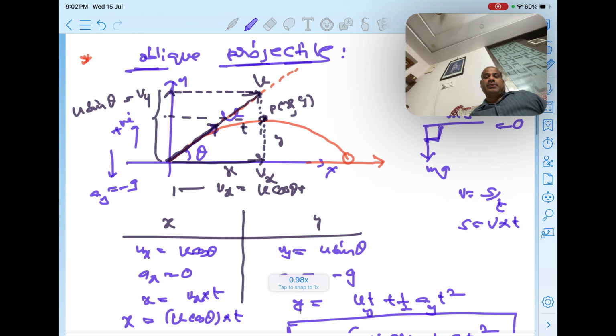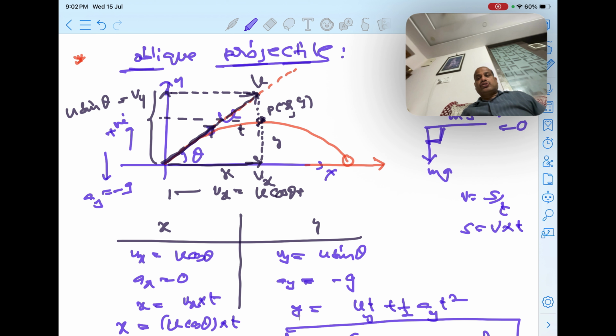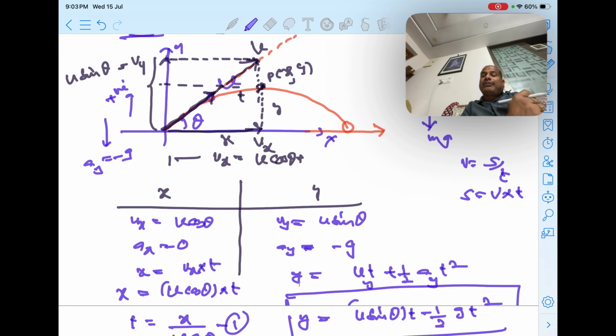Now I can see that this is motion in a plane, two directional motion, which can be assumed as the combined motion of two independent directions, x and y. At an instant of time, to locate the position we require two coordinates. So I can understand this 2D motion as the sum of two independent motions in the x and y directions.